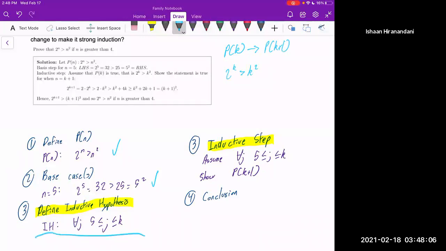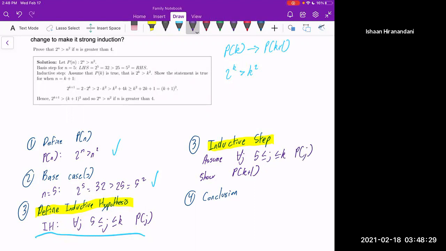It looks a lot more complicated than just saying P of k. And so how do we show what this statement means in a more intuitive manner?